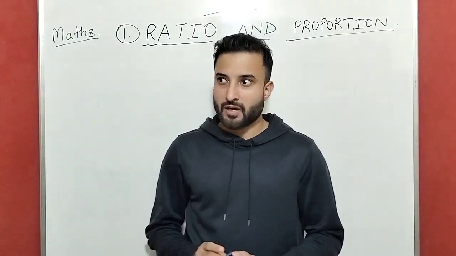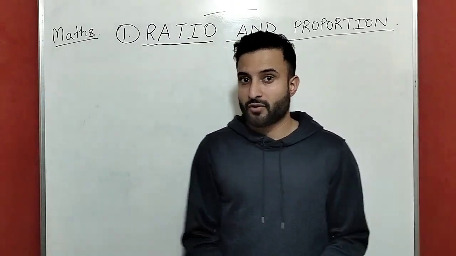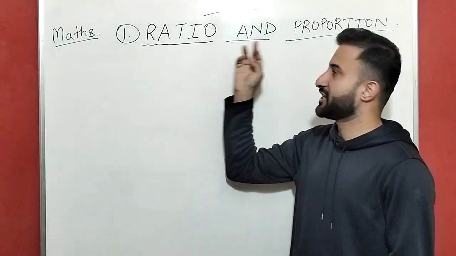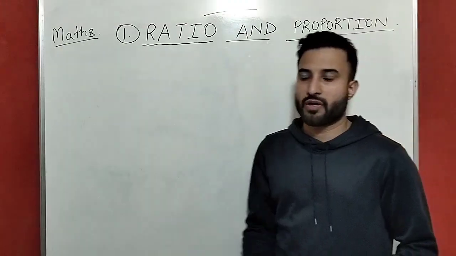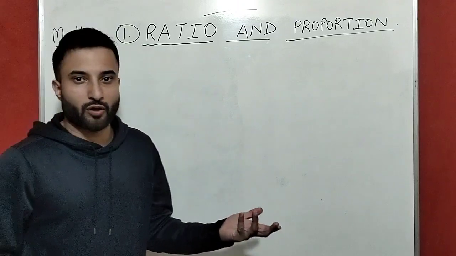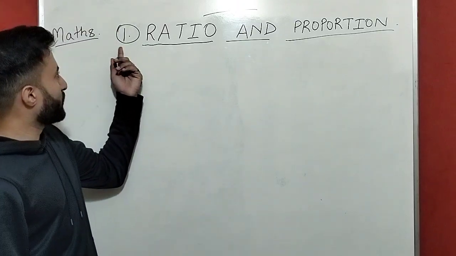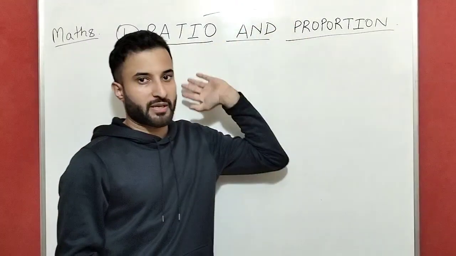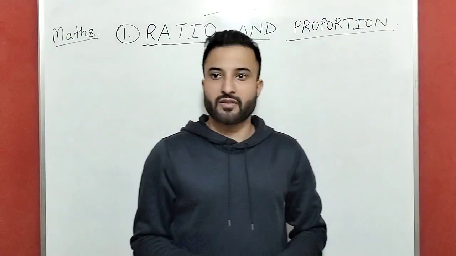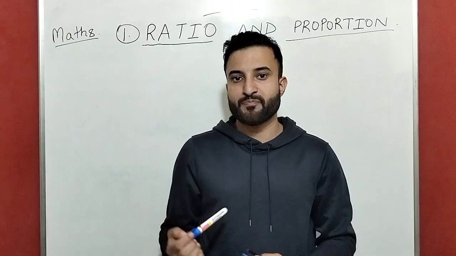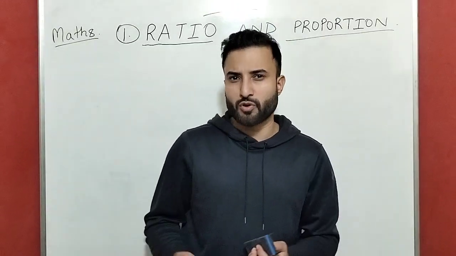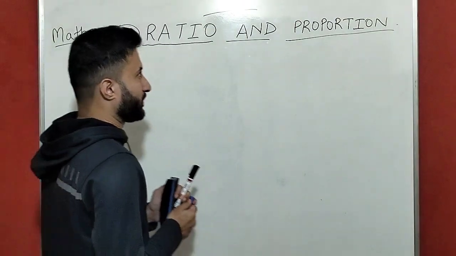And so, today we are going to start with the very first chapter of maths, ratio and proportion. Okay, CA Foundation, and for the CMA students also, the very first chapter is ratio and proportion, the mathematics. This chapter consists of two parts.